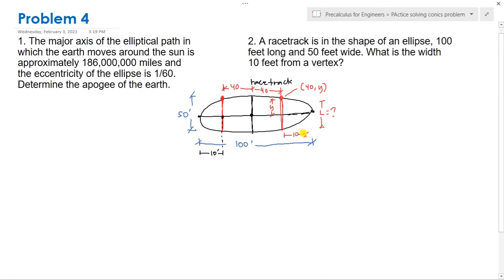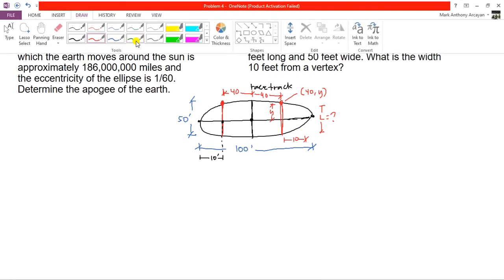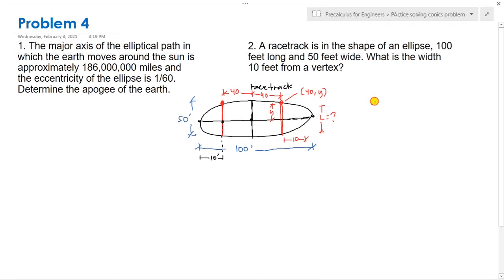Now from this information, since we are given the parameters a equal to 100 divided by 2, that is half of the major axis, so that is 50, and then b is also half of the minor axis, that is equal to 25.